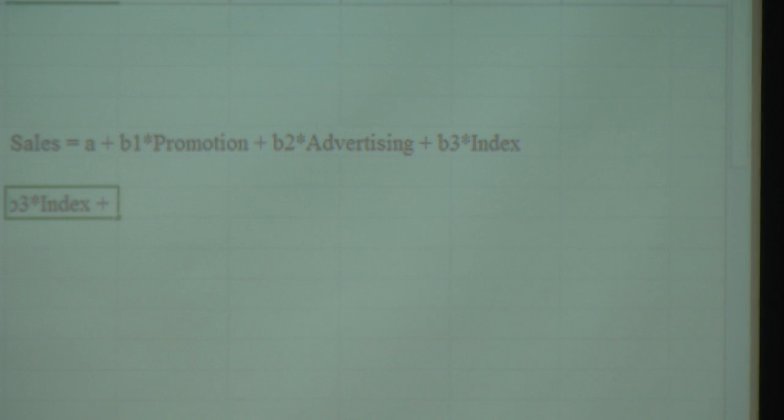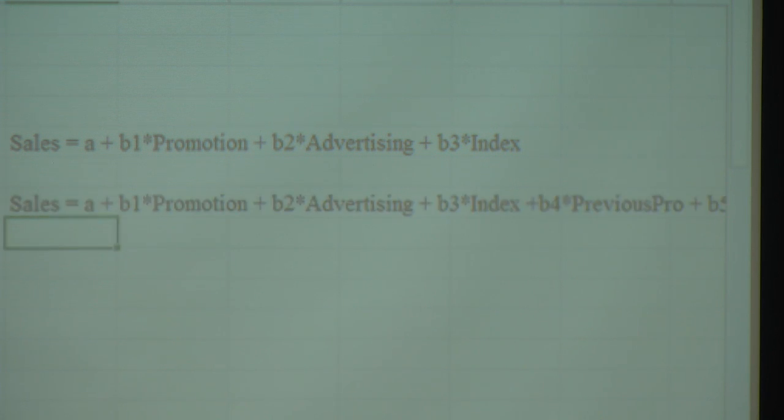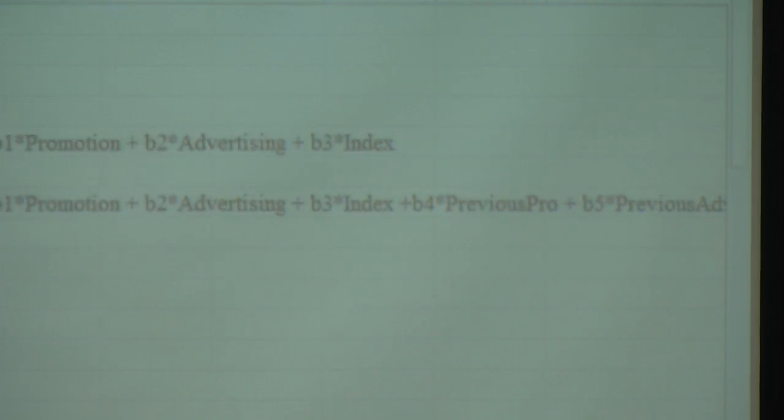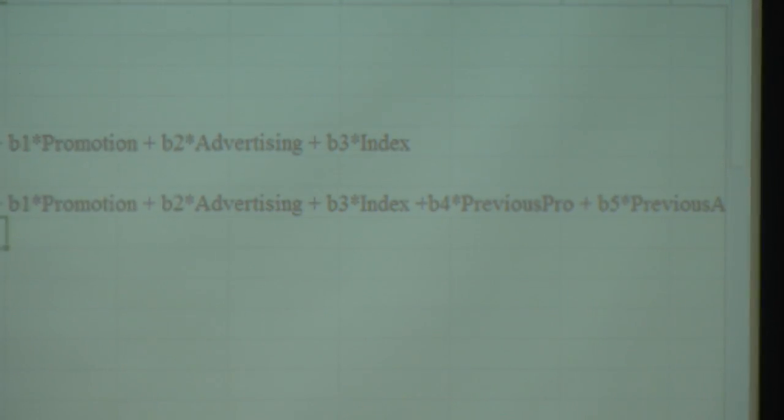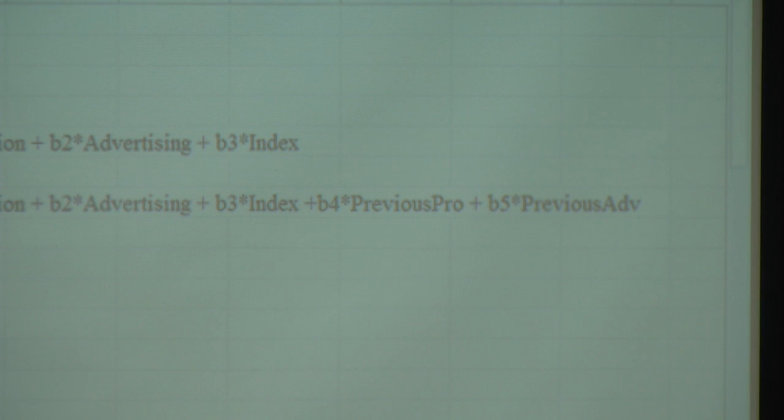In other words, B4 times previous period promotion, plus B5 times previous advertising. That's my new model. That's my improved model.